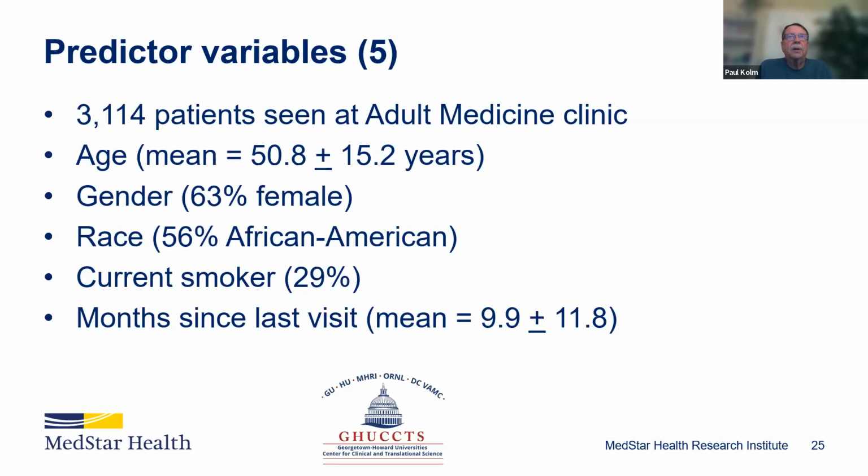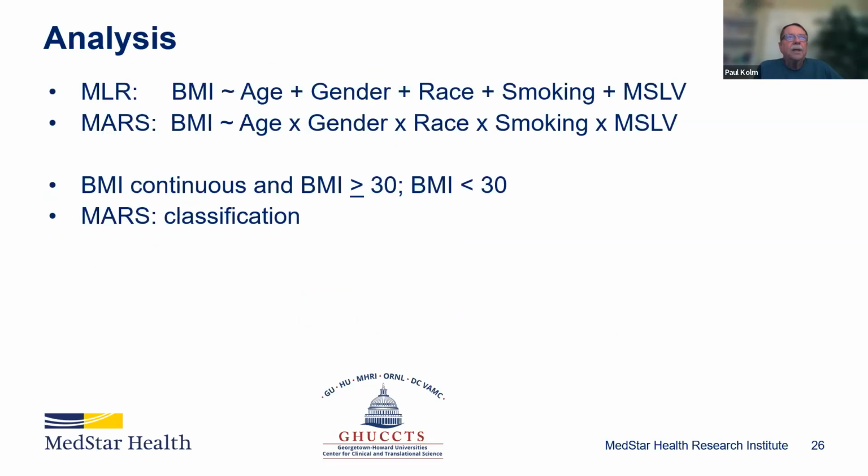We can use a large number of variables, but to show the difference with just least squares regression is the complexity. So in our analysis, if we do multivariable logistic regression or linear regression, we have BMI as a function of age, gender, race, smoking, and months since the last visit.